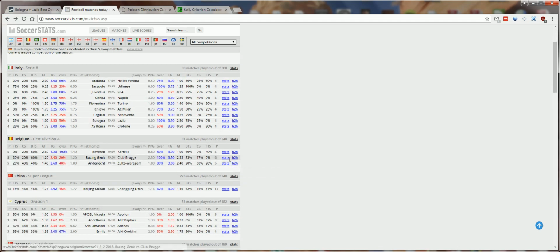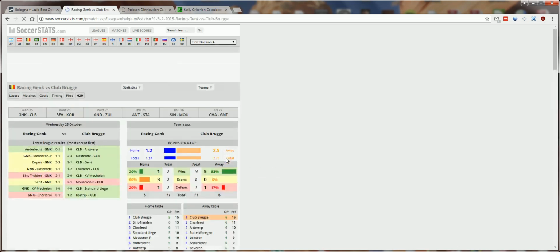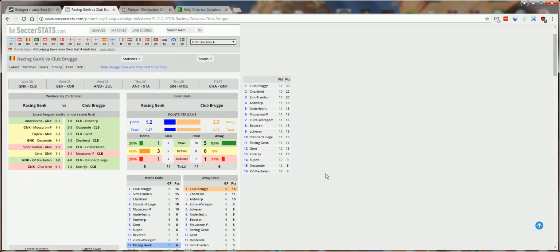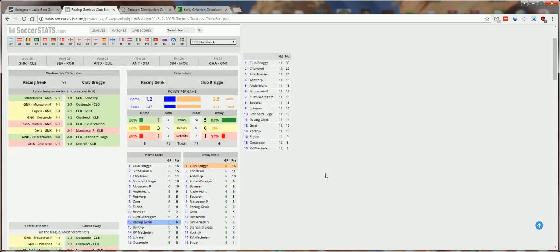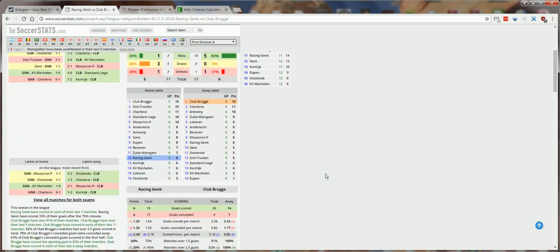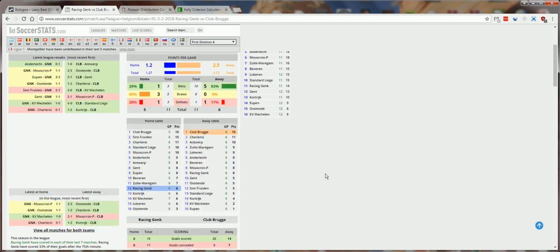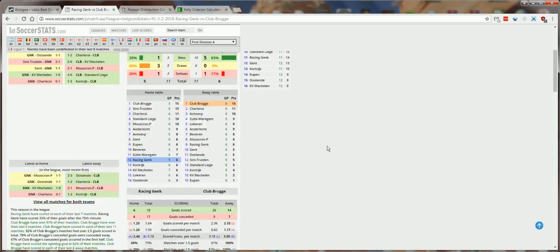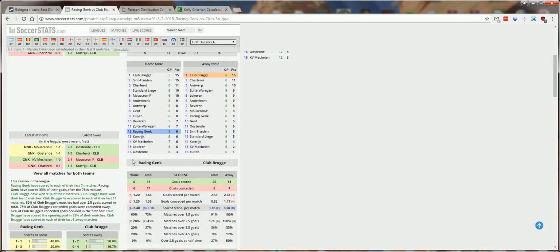Right, so I did Genk Club Brugge, and I put up Bruges draw no bet. You can see here, let's just have a look. We've got Club Bruges at the top of the table. Genk are lower mid table, I think that's fair to say.